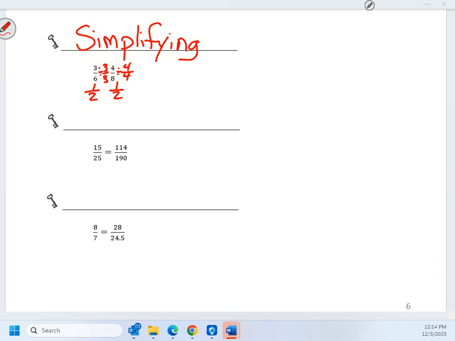Okay. Now, the bottom two are our new ones. We know how to multiply up, how to divide down, how to simplify. These two are new ones. We look at 15 over 25 to 114 over 190. Oh my goodness. That looks kind of confusing. I have no idea if that's a proportion. So, one way we can figure it out is by using cross products.